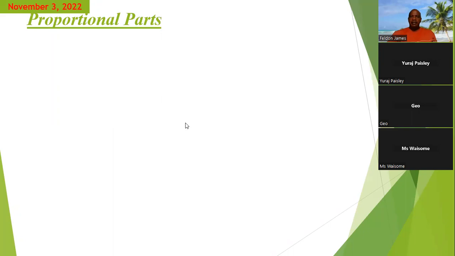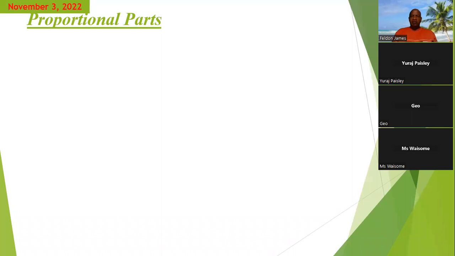All right. Now we're going to be looking at what we call proportional part. Now this topic is referred to as ratio and proportion. Whereas we learned that the ratios would be the share, oftentimes we are given a whole.